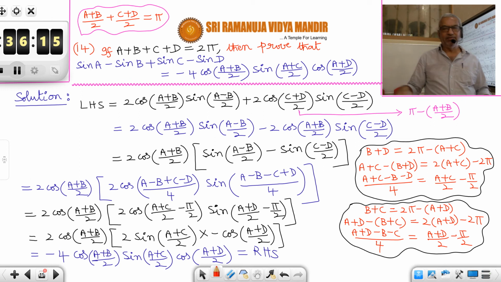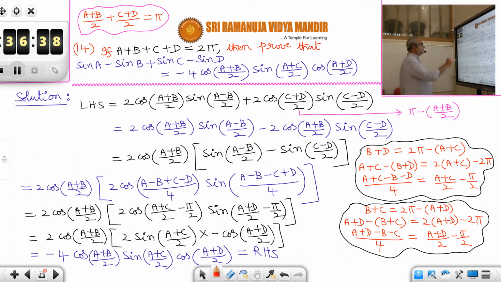In a quadrilateral, sum of the 4 angles is equal to 2 pi radians. That is 360 degrees only. So if a plus b plus c plus d is equal to 2 pi, then prove that sin a minus sin b plus sin c minus sin d is equal to minus 4 cos a plus b by 2 sin a plus c by 2 cos a plus d by 2.